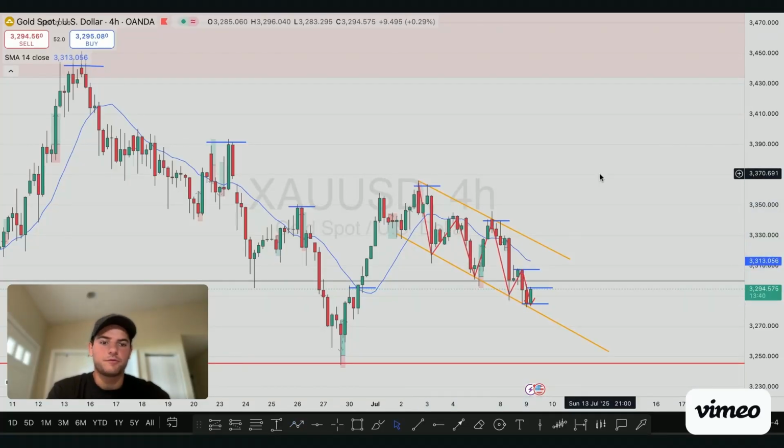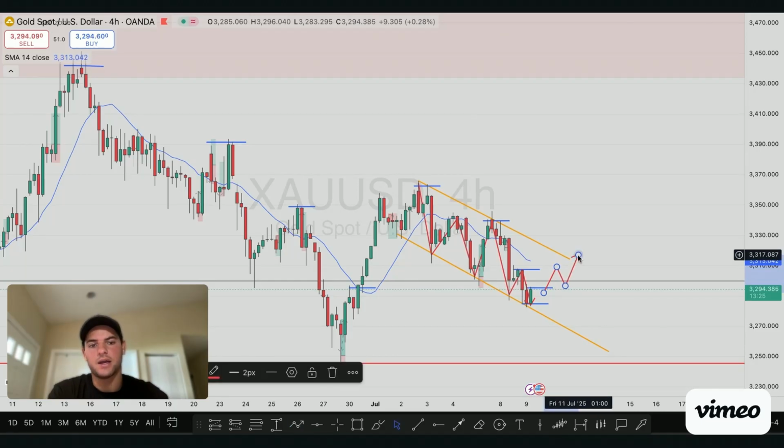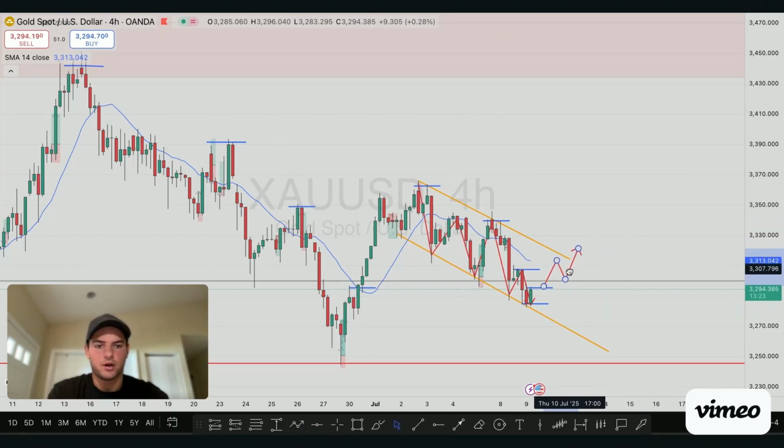Okay. If we end up breaking these current highs and the direction changes, I would want to see something like this: a high being formed, a higher low, and then higher highs being formed on and on until we see a direction shift.